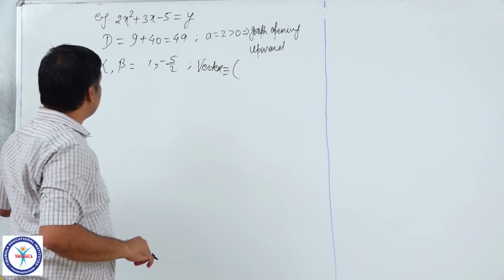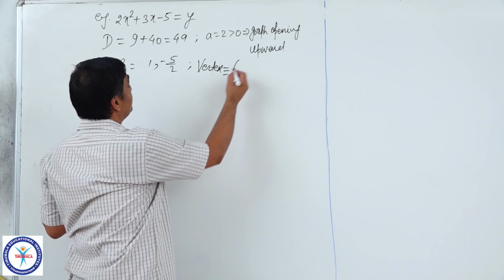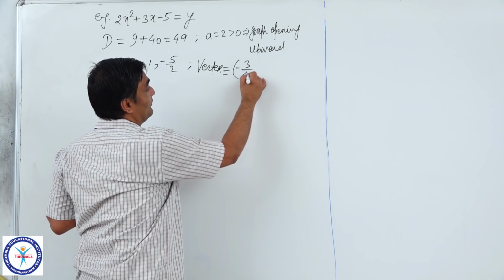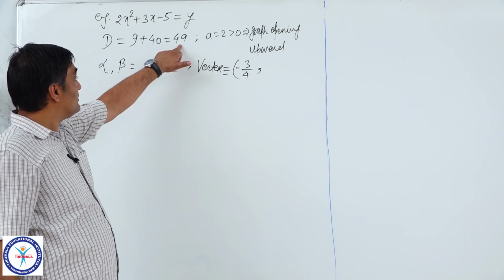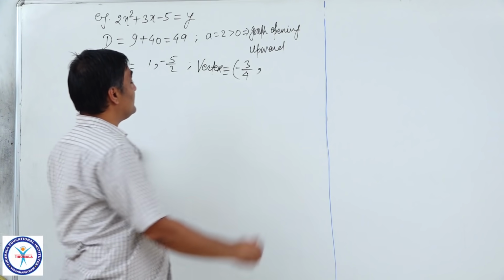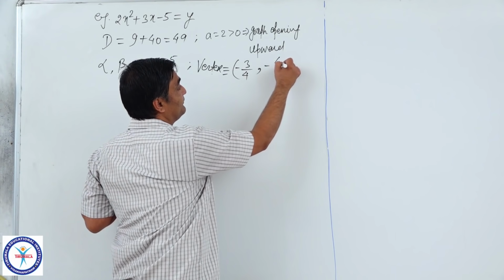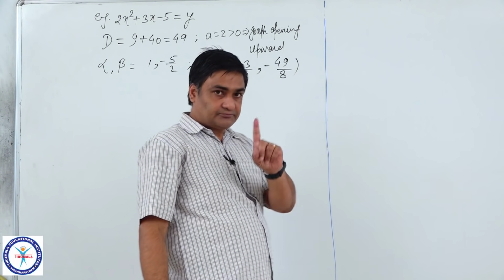Minus b by 2a, b is 3, minus b by 2a is minus 3 by 4, comma d, discriminant 49, minus d by 4a is minus 49 by 8.